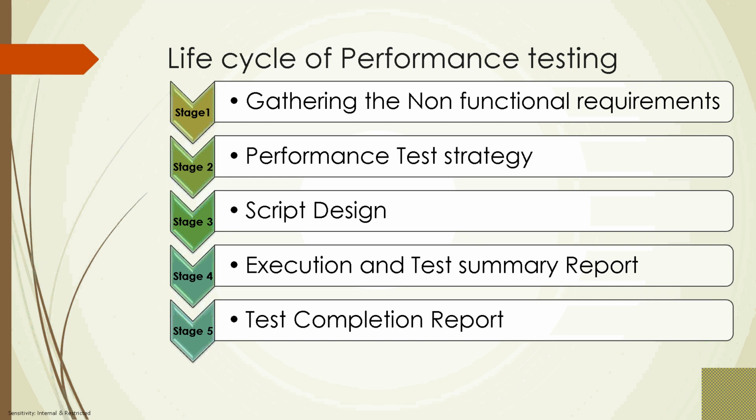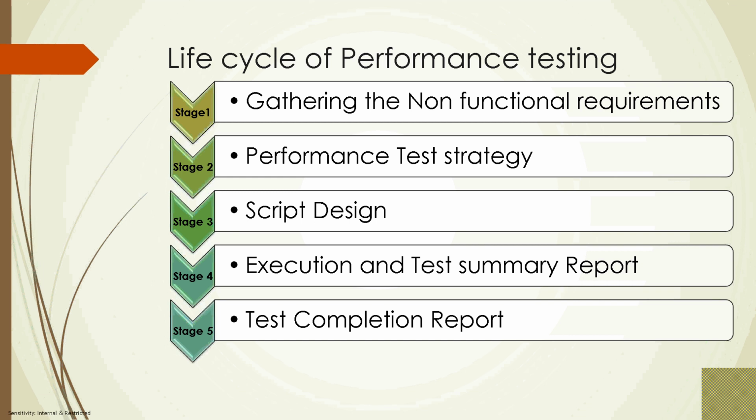I know it's very early for you, if you are new to performance testing, to understand what we are talking about here, but we will provide you the small Excel sheet report as a test summary report, and then comes our stage 5.